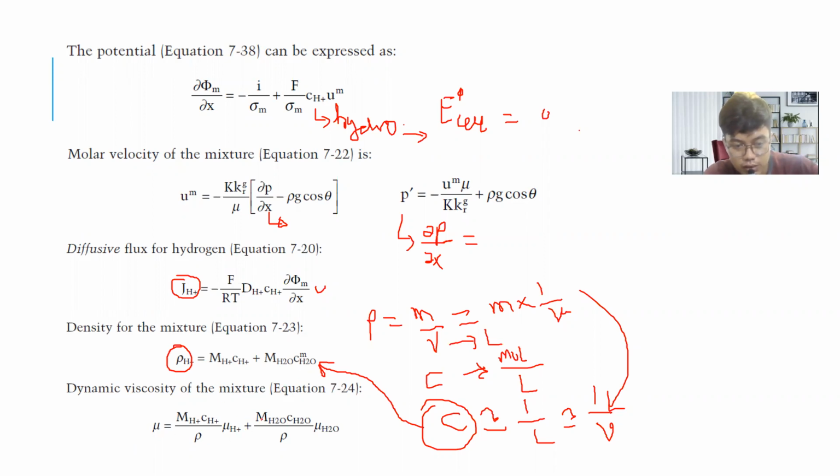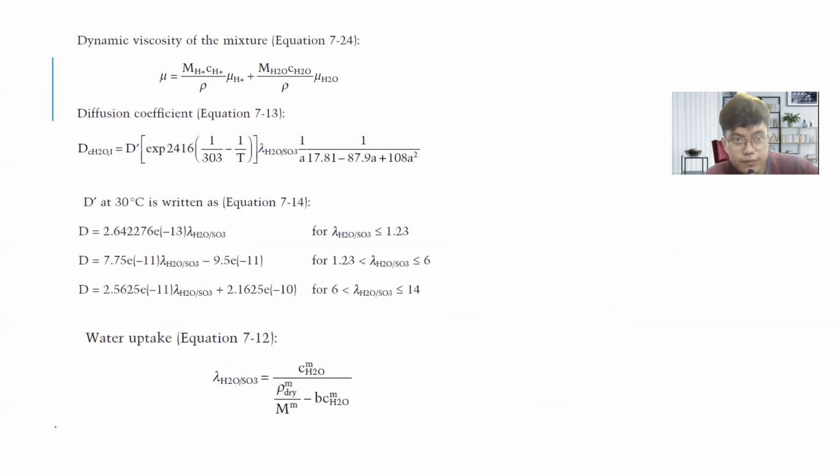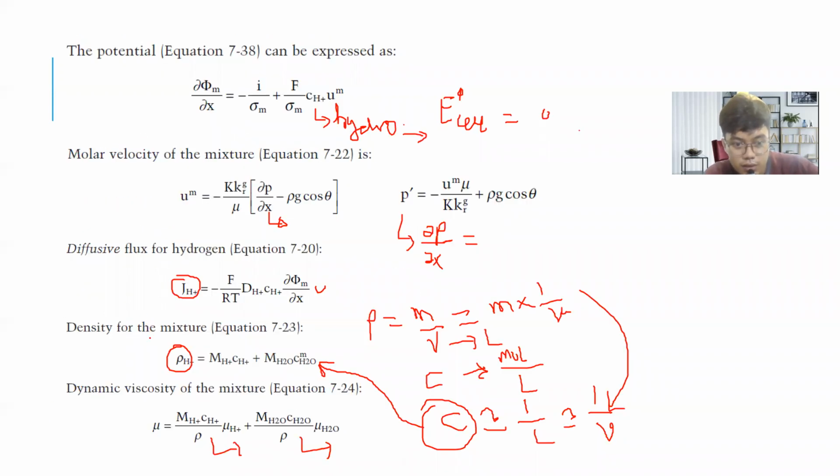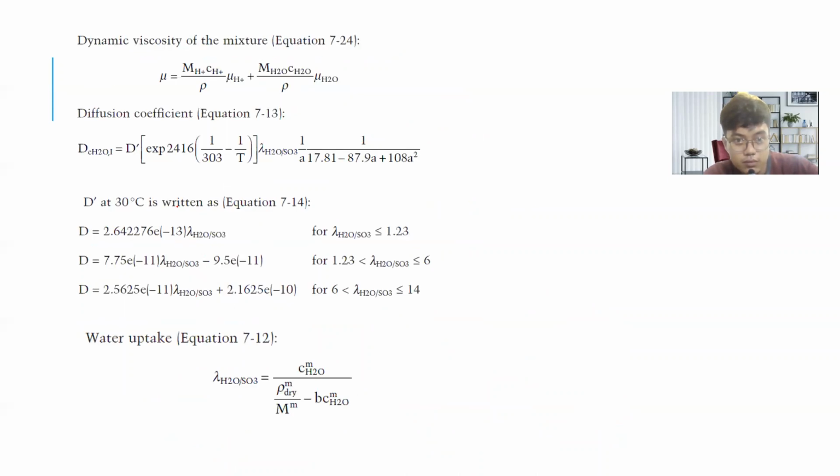This is the equation for the viscosity of hydrogen and for water. The next one is the dynamic activity of the mixture. We can write it as below.